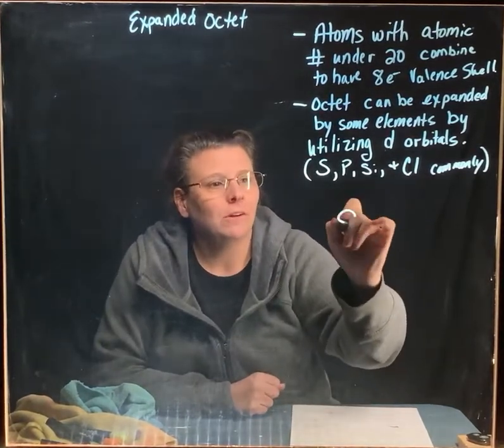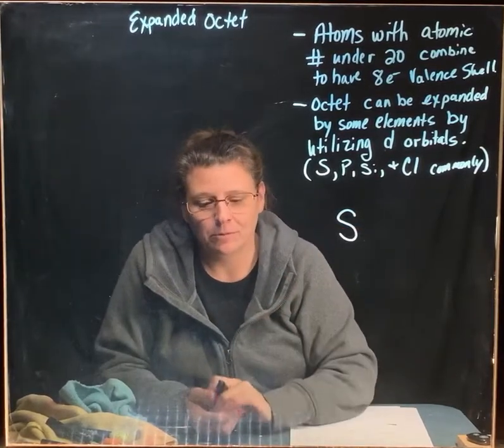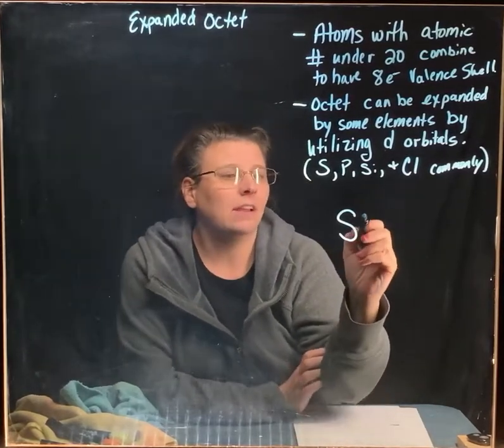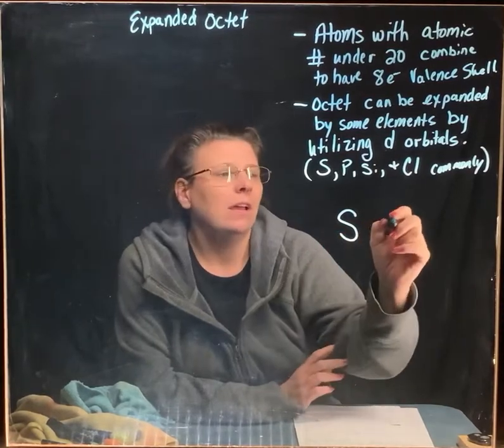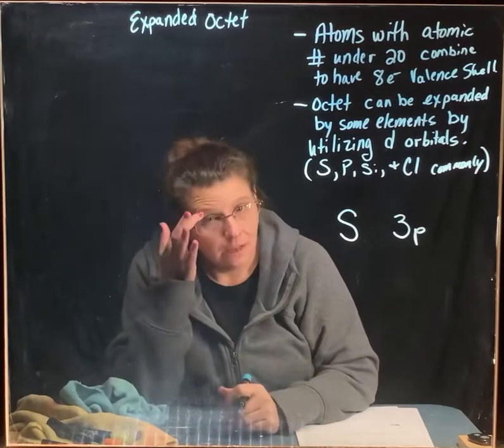So sulfur is in what energy level? If you look on your periodic table, which you all should still have one at home, you'll see that the electron configuration for sulfur is in 3p. Okay, it's in 3p.